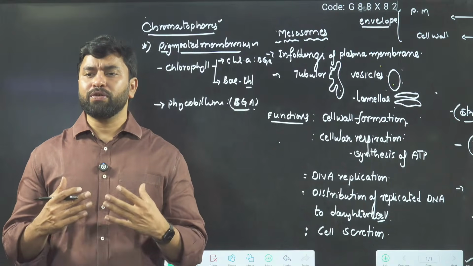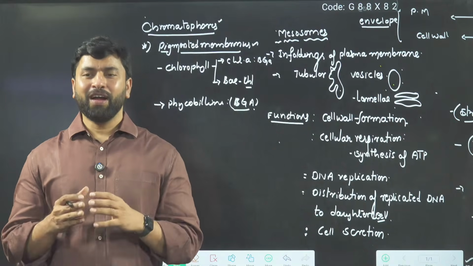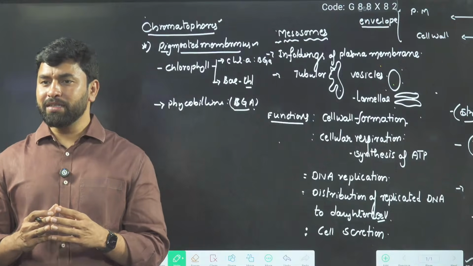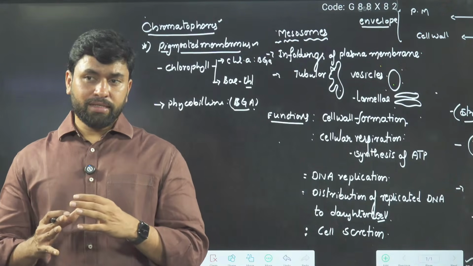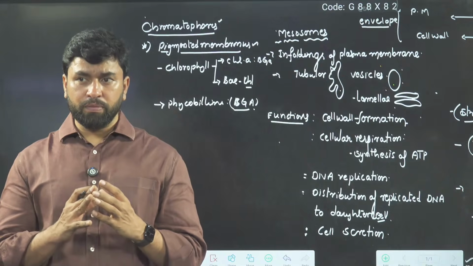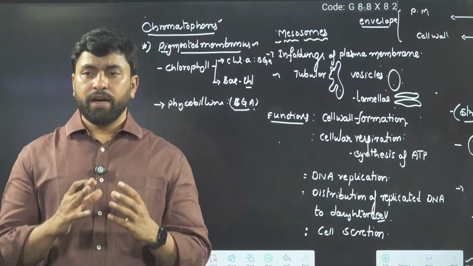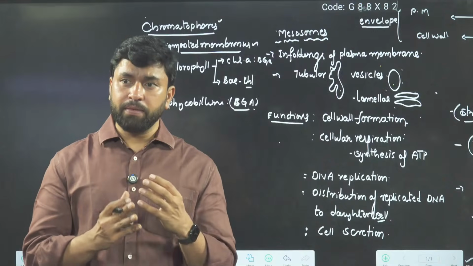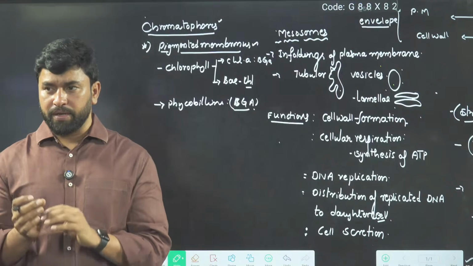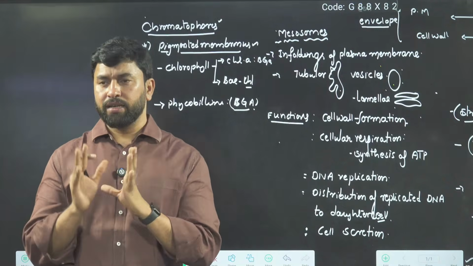Chromatophores contain photosynthetic pigments, not normal photosynthetic pigments as our plant cells possess. Plant cells will have a different composition of photosynthetic pigment, and bacteria or prokaryotic cells will have a different composition of photosynthetic pigment. That's why I am emphasizing that.